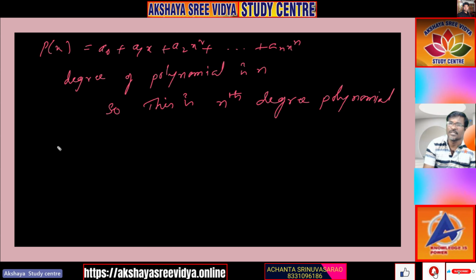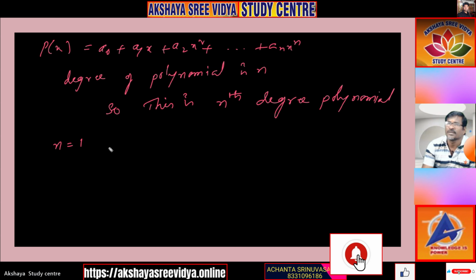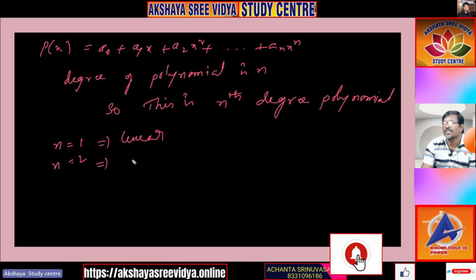For suppose degree of the polynomial is equal to 1, that is the linear polynomial. N is equal to 2, that is the quadratic polynomial. Degree 3, that is the cubic polynomial.